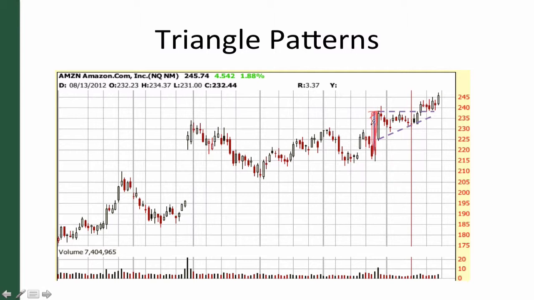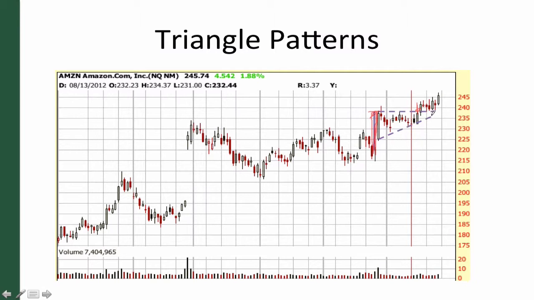And you see that there's horizontal resistance to this point right here. We've got horizontal from the top of the flagpole, that point right there, and again that point right there. That draws this horizontal line. And then on the bottom side, we go to the bottom of this big candle, to that point, to that point, to that point. And so we've got a diagonal line coming up here.